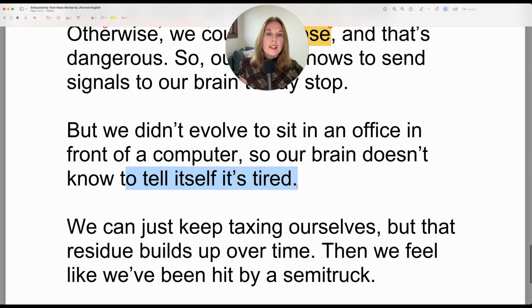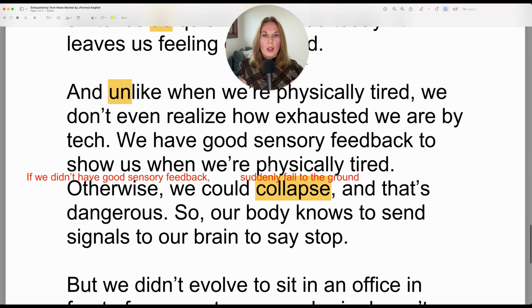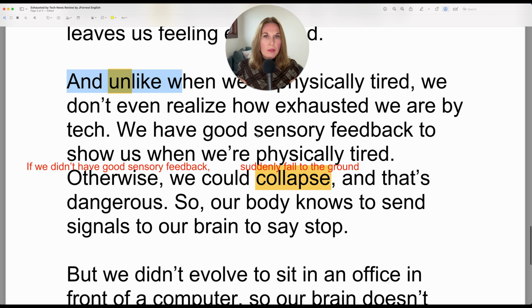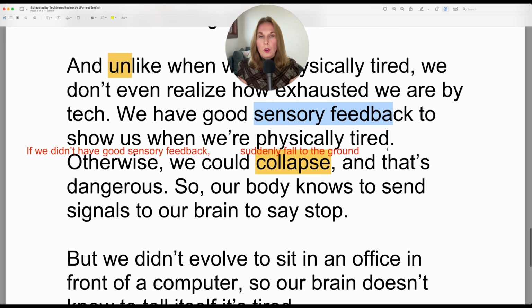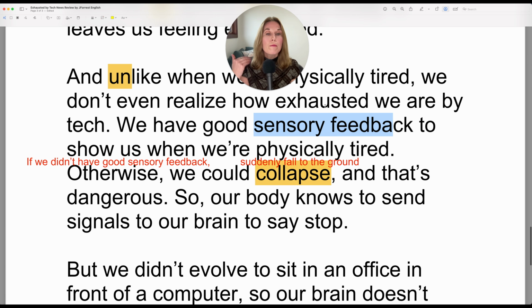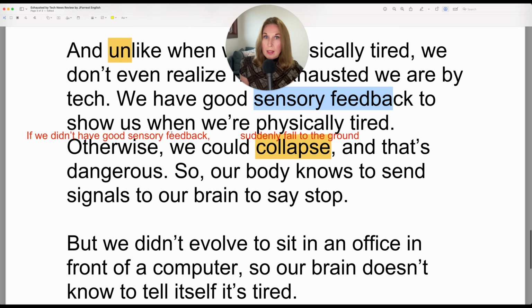To tell itself it's tired is talking about this sensory feedback. So it's saying, remember, because it used "unlike," we know we don't have the sensory feedback required with exhaustion because of technology, but we do have it with physical exhaustion because that's the way our bodies were designed.